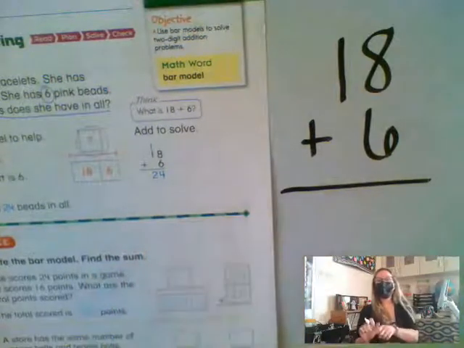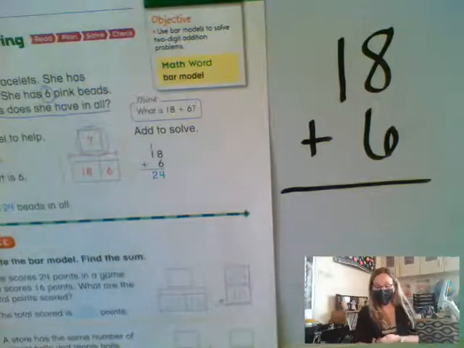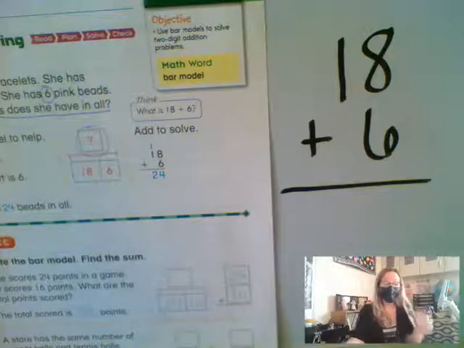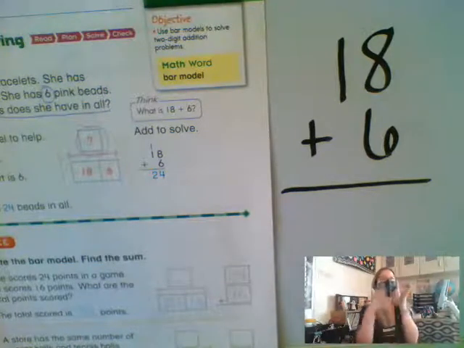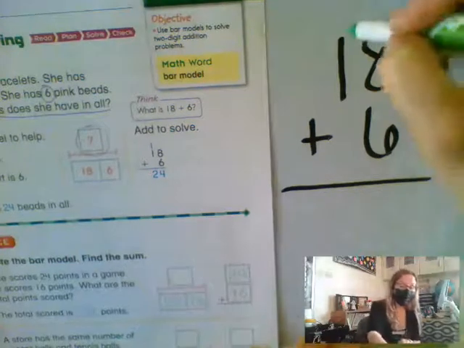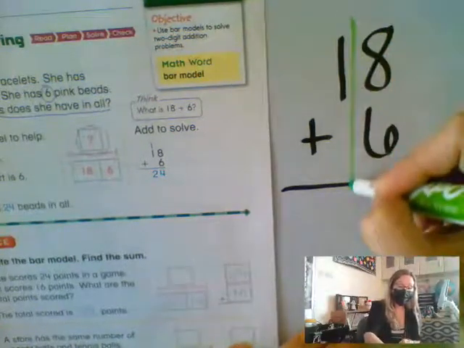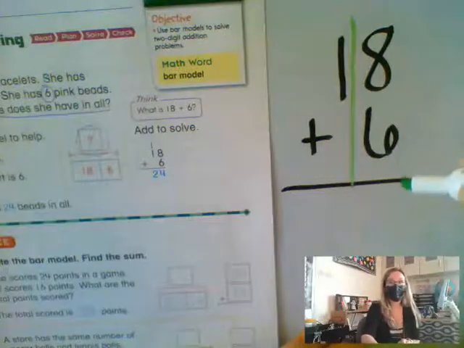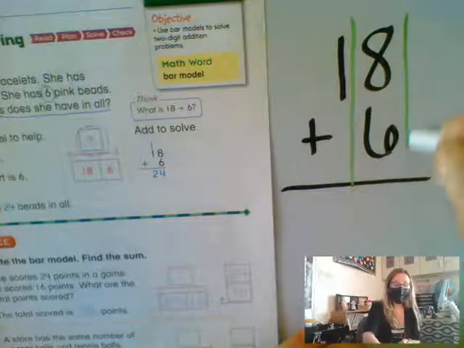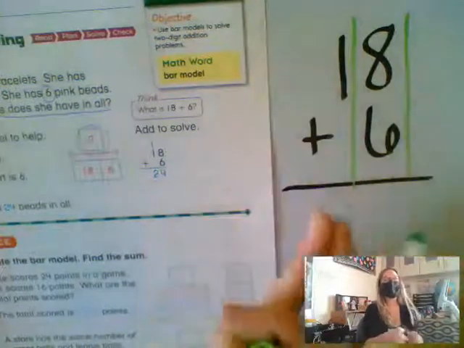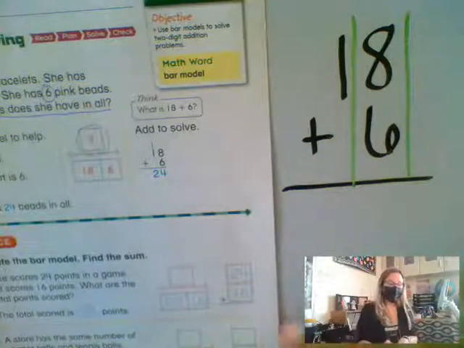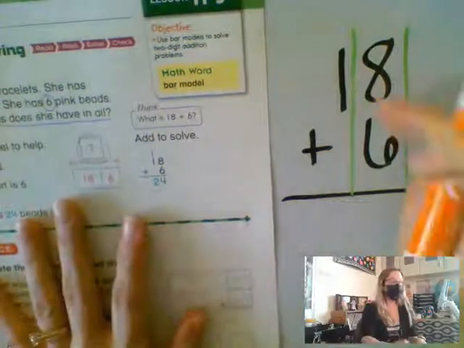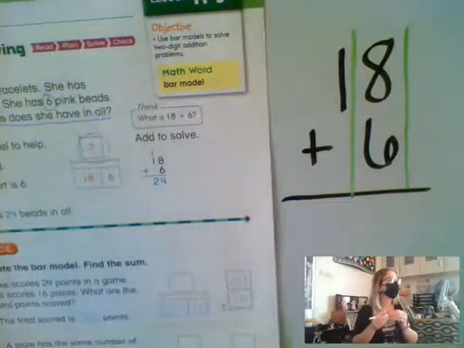Now, do you notice that I made sure, since 18 is 1 ten and 8 ones, and 6 is just 6 ones, I stacked my ones on top of each other so that I can add my ones together first, and then we'll add our tens together, okay? So, looking at this problem, what is 8 plus 6, Mateo?